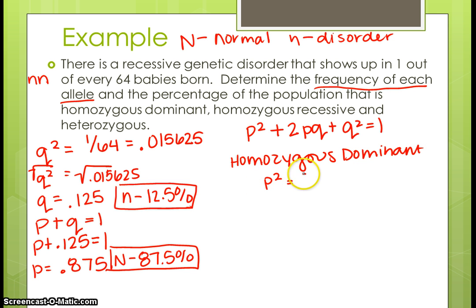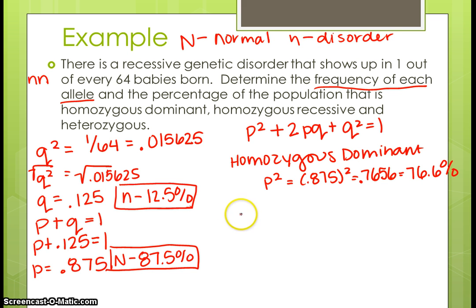That would equal 0.875 squared, which would equal 0.7656, or 76.6%. That tells us that 76.6% of our population would be homozygous dominant.